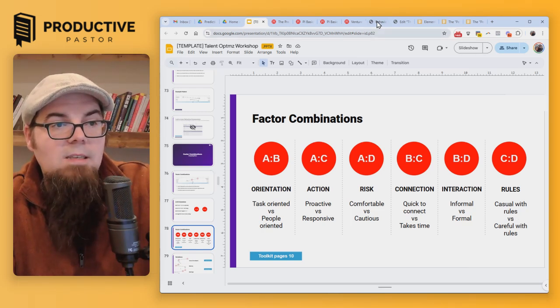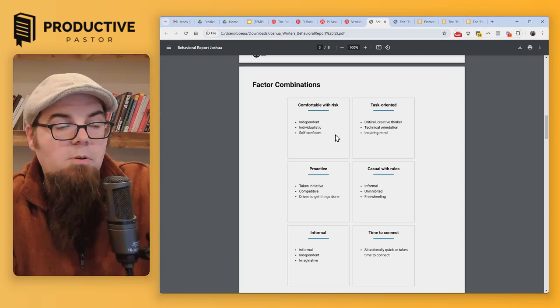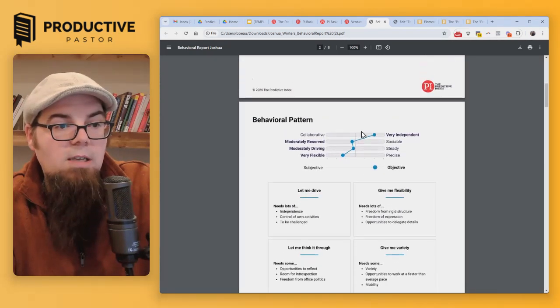And so you can see back on this profile here that when we get the factor combos, it's taking this profile and giving us, just looking at this, we can tell that this is a task-oriented person.